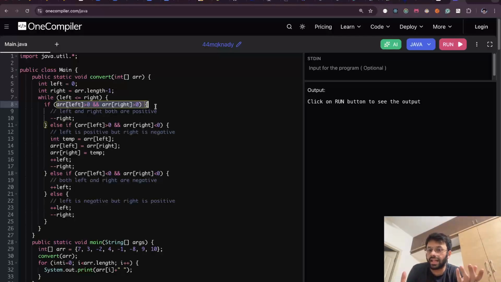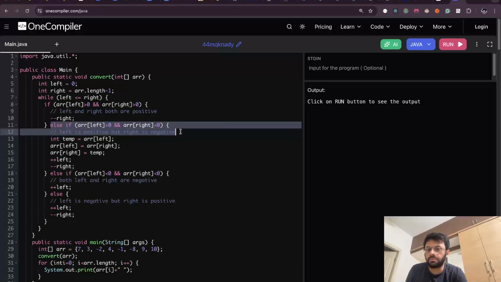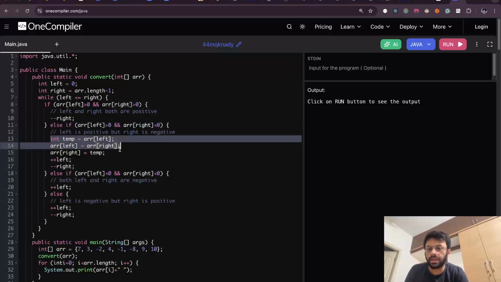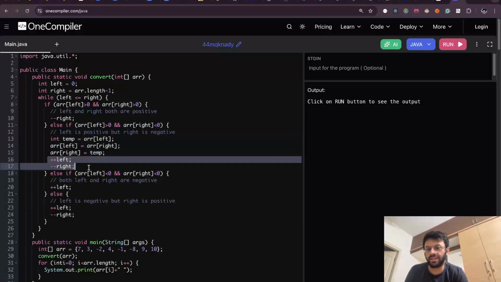Since right is correct, I will move right in hopes that I get an incorrect element on the right as well. Because now if right and left both are incorrect, then I'll swap. Here, left is positive, right is negative. Left should have negative, but left has positive. Right should have positive, but right has negative. So both are incorrect. I'll swap them and then I'll move the pointers.